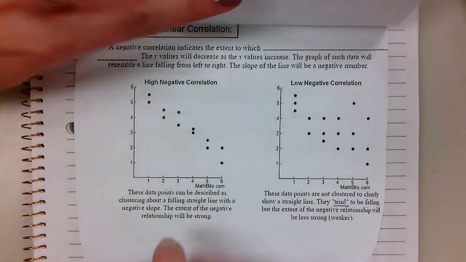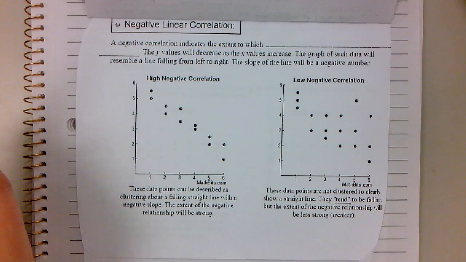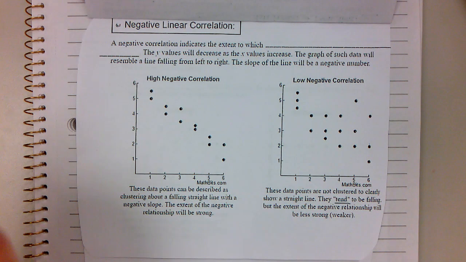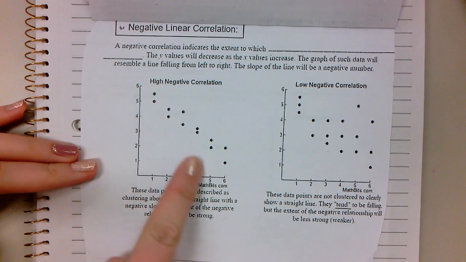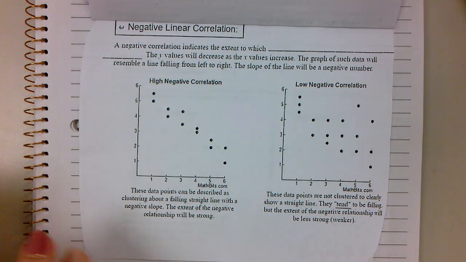And then flip past that, and we're going to move on to negative correlations. So negative correlations are obviously the opposite of what we just talked about. And that is where, as you can see with these dots, they're going to be moving down. When we read graphs left to right, this is going downhill, right?